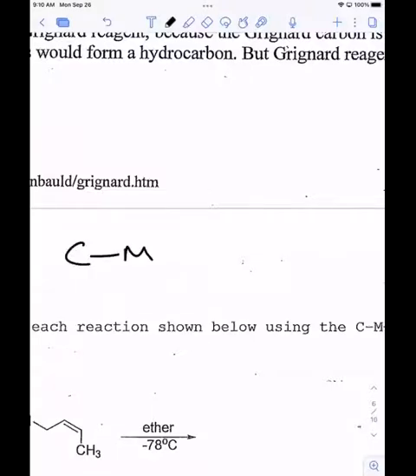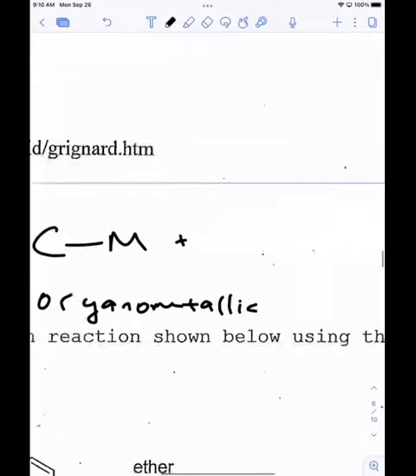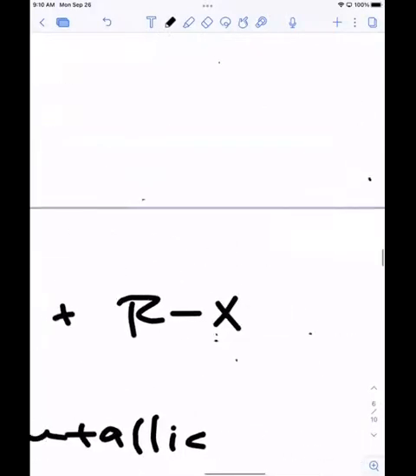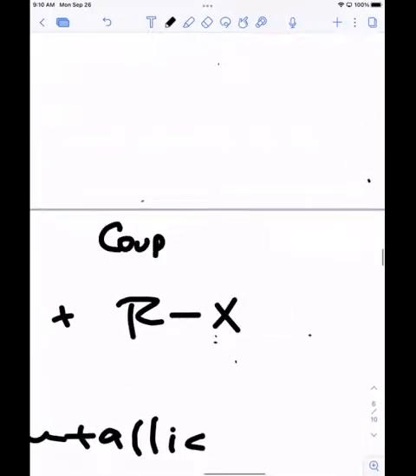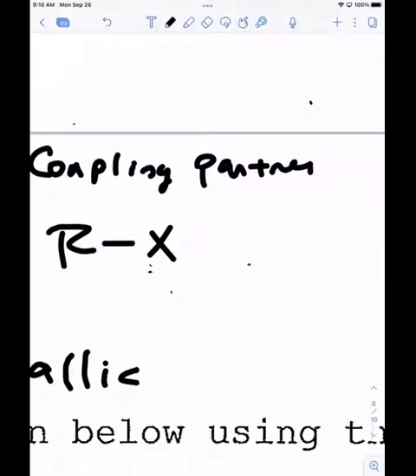I like to call CM my organometallic, plus RX, where this is my coupling partner. Normally X is a halogen, but it can be other leaving groups as well.